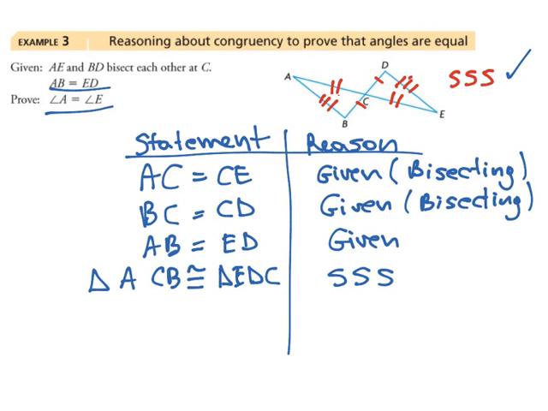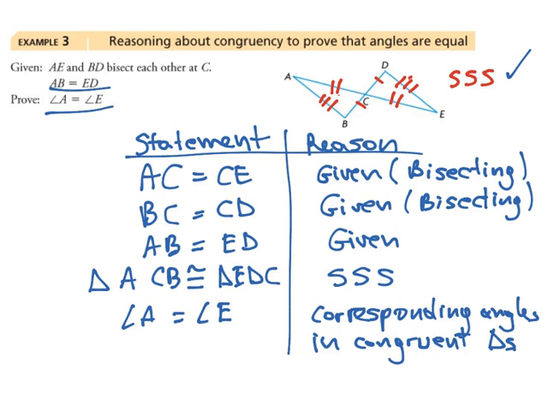And the last part will say that angle A is equal to angle E, simply because they're corresponding angles in congruent triangles. And that little symbol is just a little shortcut for triangle that I use.